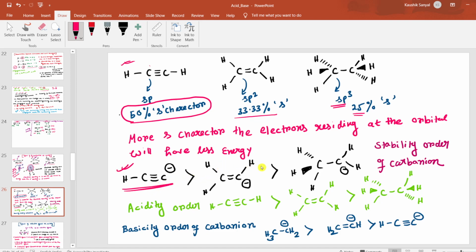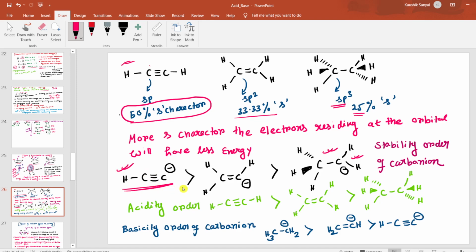On the other hand, in this molecule the electron is residing in an sp3 hybridized orbital, which has only 25% s character. So the electron residing in an sp3 hybridized orbital has much higher energy compared to an electron residing in an sp hybridized orbital. So this ion is much less stable compared to this ion.